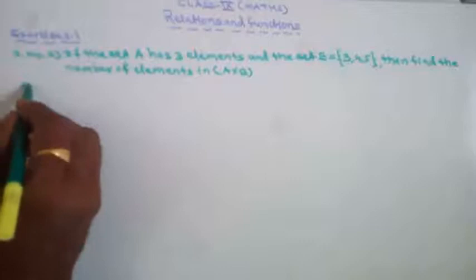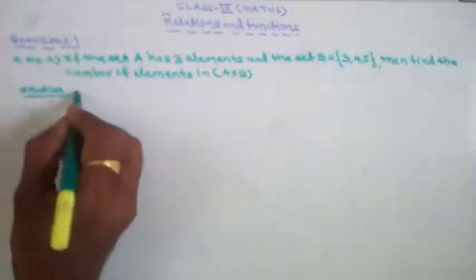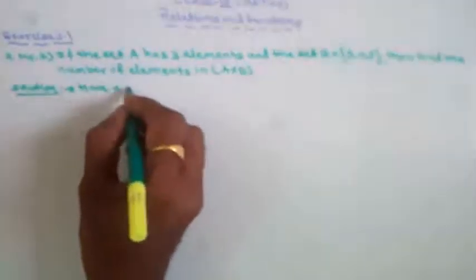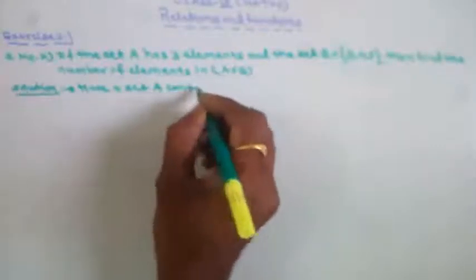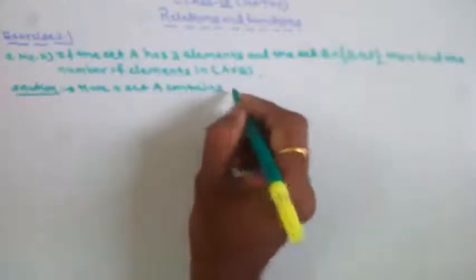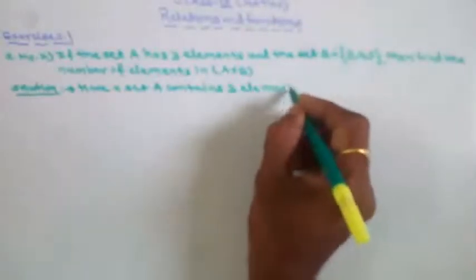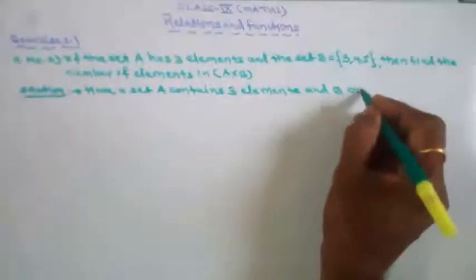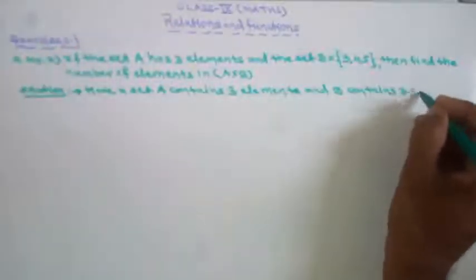Solution here. Set capital A contains 3 elements and capital B contains 3 elements.